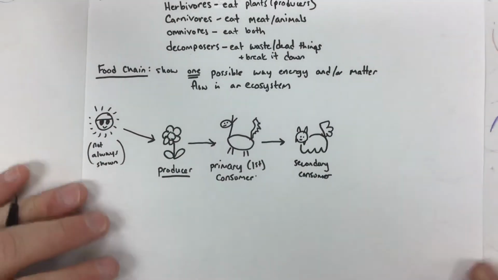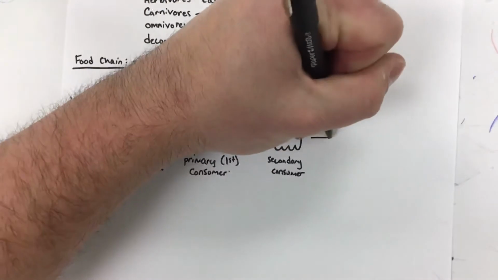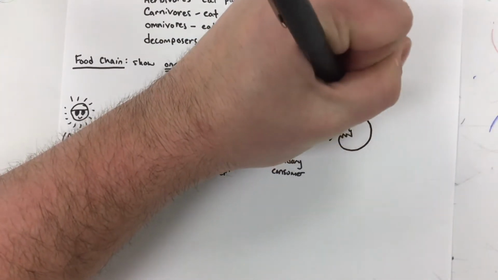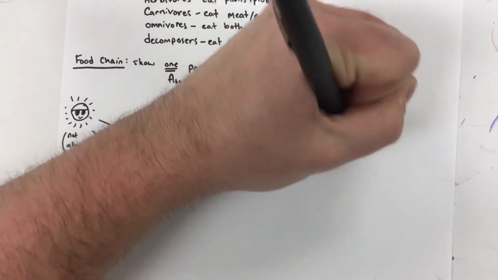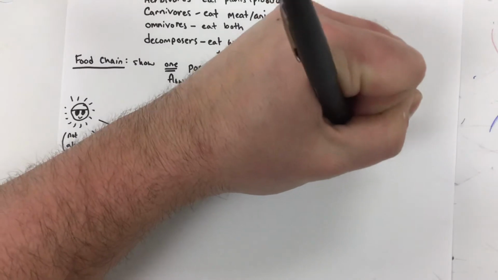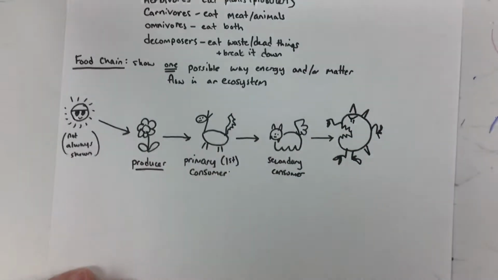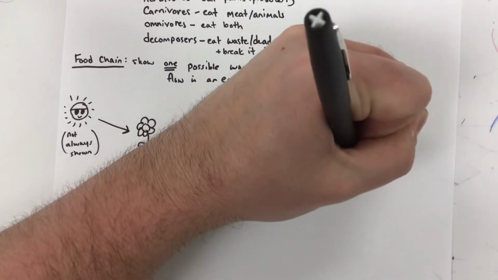And then the thing that eats the secondary consumer, it's not always there. Most of the time it actually doesn't go this far, and we'll talk about why in a little bit. But that is called the top consumer or top predator.